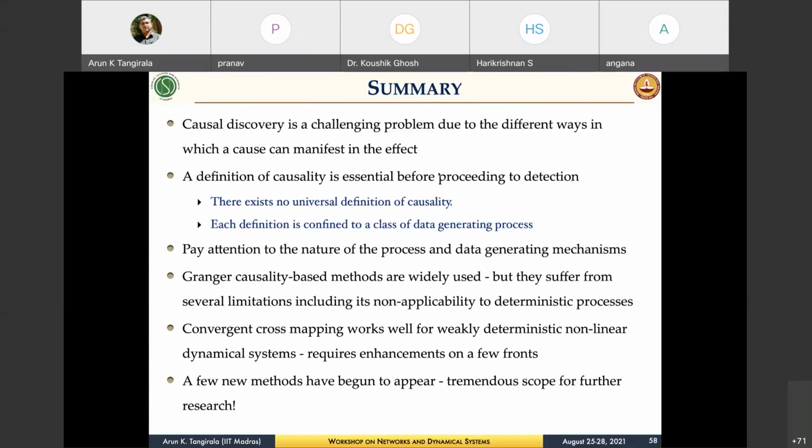Thank you, Professor. Thank you, Professor Tangirala, for that very nice talk, starting from a historical overview and then going on to case studies of using data-driven approaches.